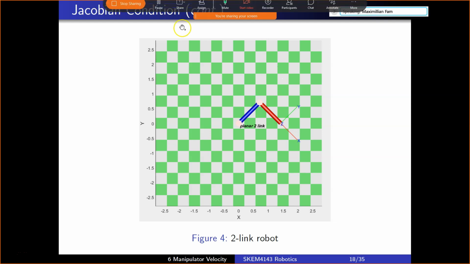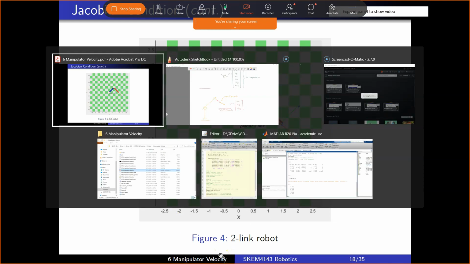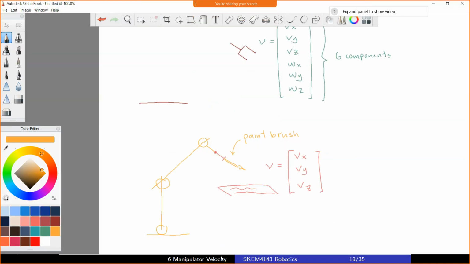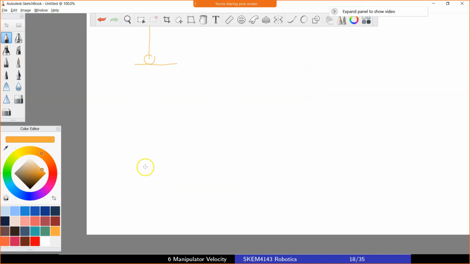So in a way, this chapter, chapter 6, is related to the previous chapter, right? In the previous chapter, if I have a robot arm like this, for example, and I have two desired end effector poses.